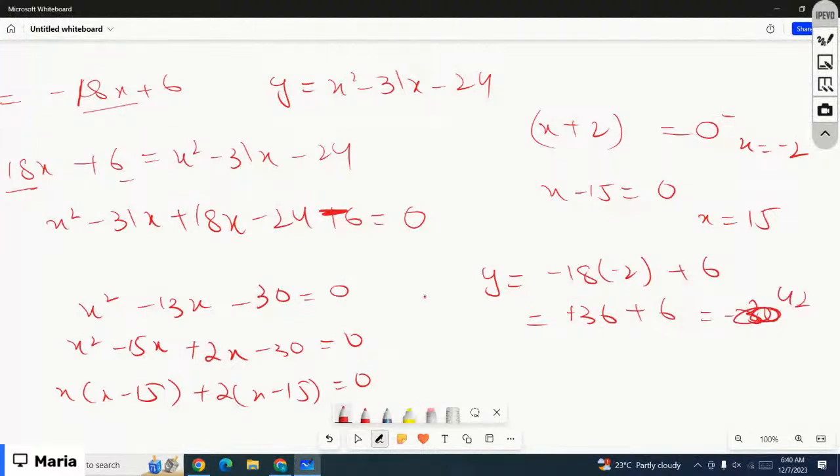And second, let's just substitute x equals 15. You can put it in any equation, right? They both have exactly the same answer.